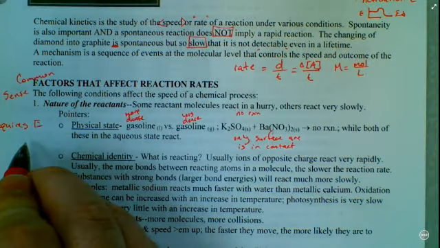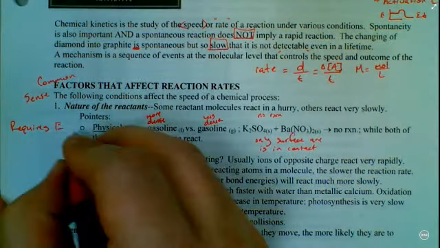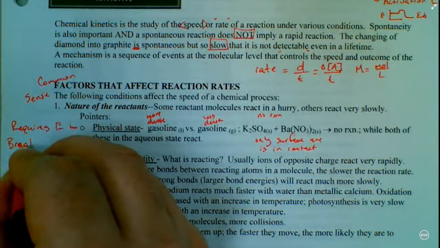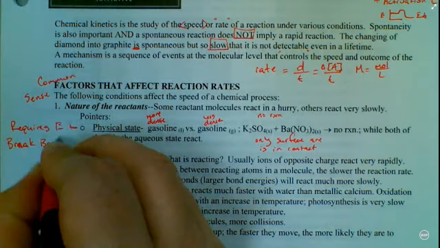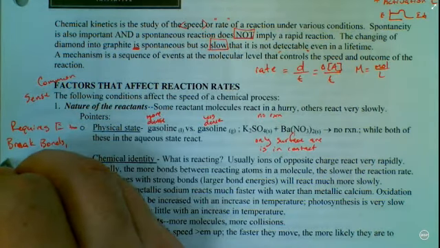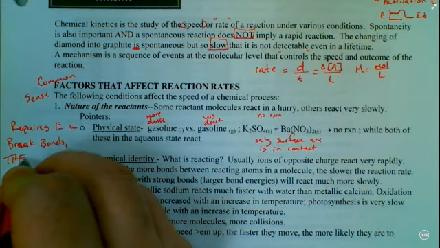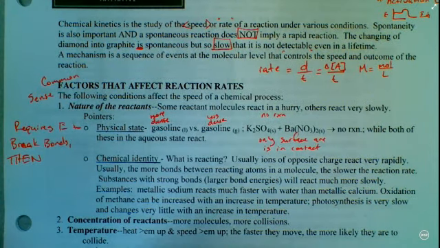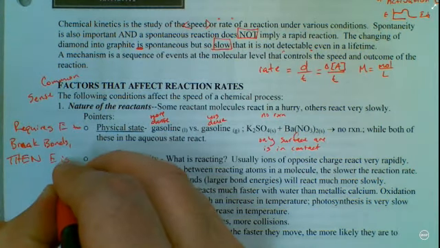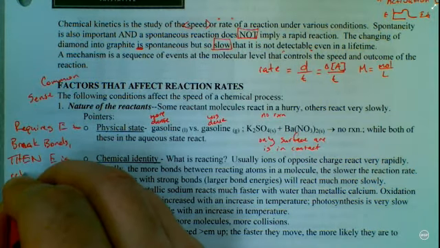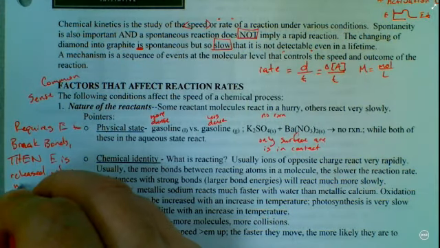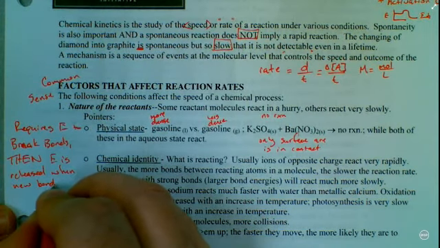We're going to need this energy to do what? To break bonds. And only then will the reaction occur once those initial bonds are broken. And then after that, energy will be released when new bonds form.